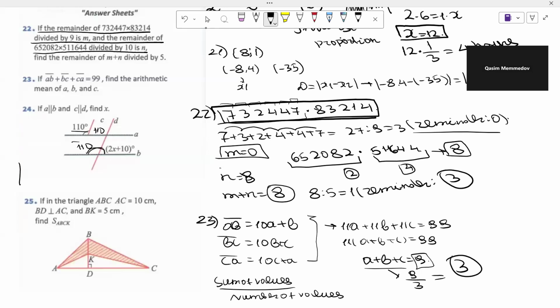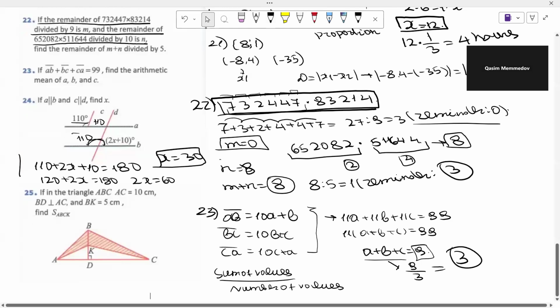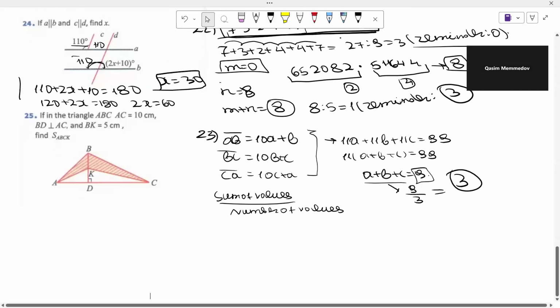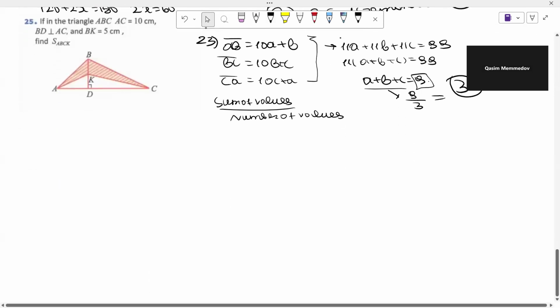And the sum of them, 110 plus 2x plus 10 equals 180. 120 plus 2x equals 180. 2x equals 60 and x equals 30. The answer is 30 in 24. Okay, let's continue with the last task, 25.